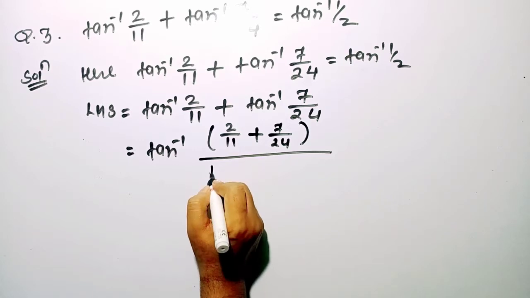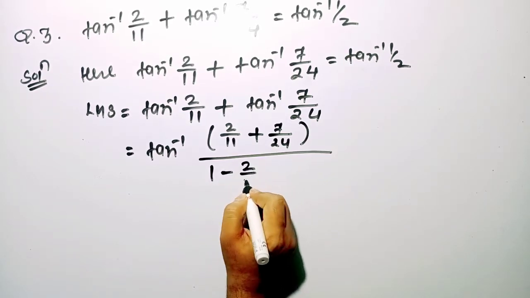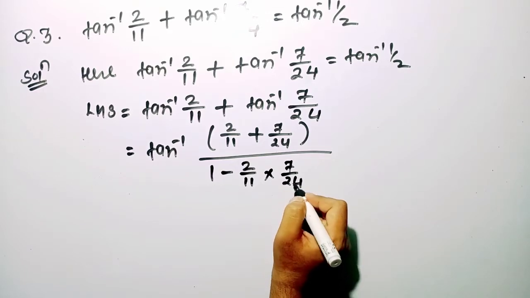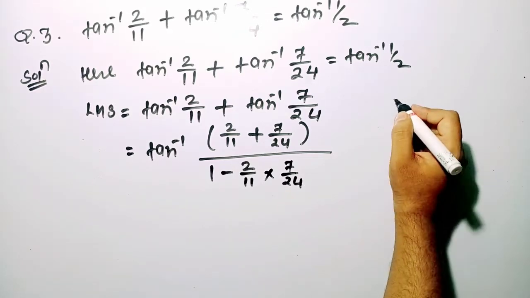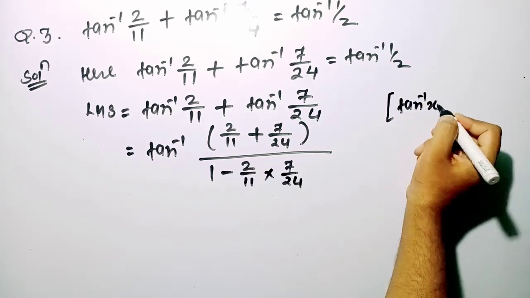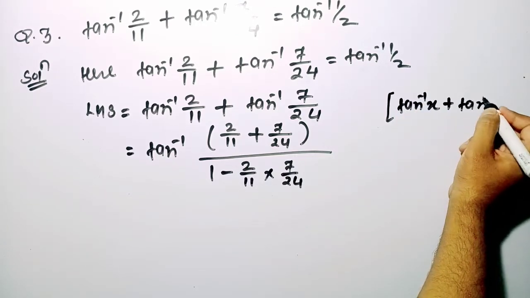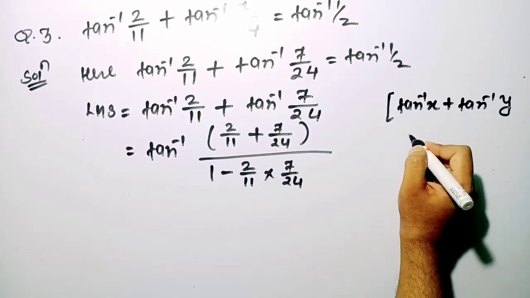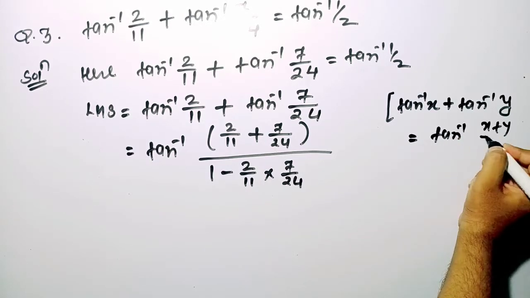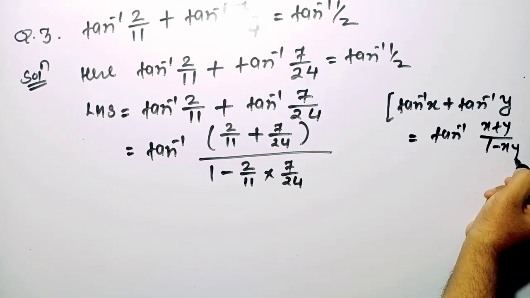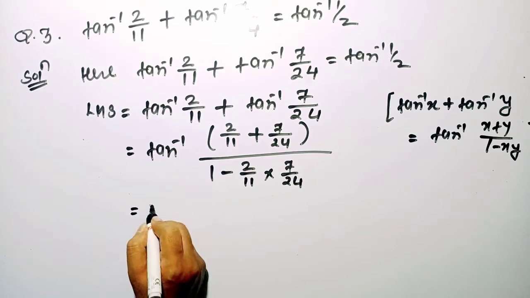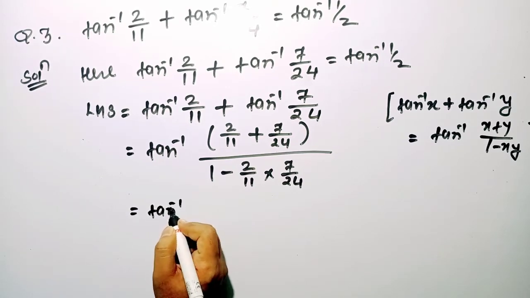So in place of x we are writing 2 by 11, in place of y we are writing 7 by 24. Now students, just you will have to simplify. In numerator we can do the simple LCM. Okay students, here which formula we have applied over here? Tan inverse x plus tan inverse y, which is equal to tan inverse of x plus y upon 1 minus xy. Okay, here we have applied the formula of tan inverse x plus tan inverse y.